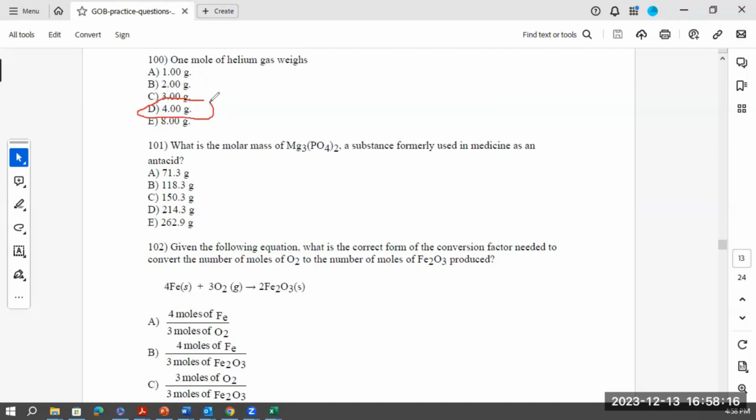And we know that that represents 1 mole. If we said hydrogen, the hydrogen atom, then it would be 1. But if we said hydrogen element, then it would be 2, right? Because it's H2, because it's diatomic.